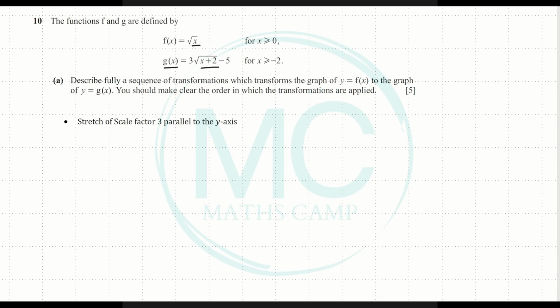We also have negative 5. This is our q value, which means that g of x shifts 5 units downwards. So as your answer, we can say that there is a translation, negative 2, negative 5.